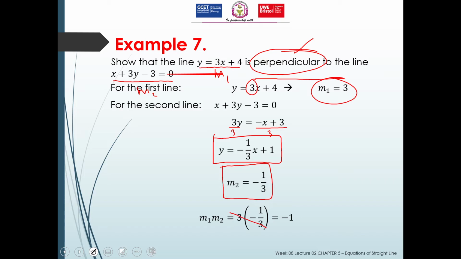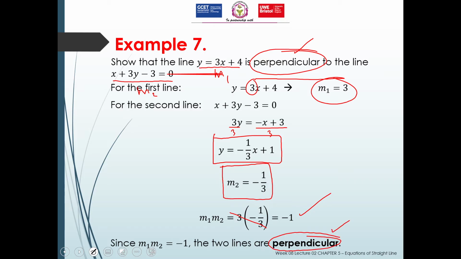This cancels, so we get -1. So the product of the gradient of the first line and the gradient of the second line is equal to -1. Therefore, we say that the two lines are perpendicular. This is always the requirement: if you find that the product of their gradients is equal to -1, automatically they are perpendicular.